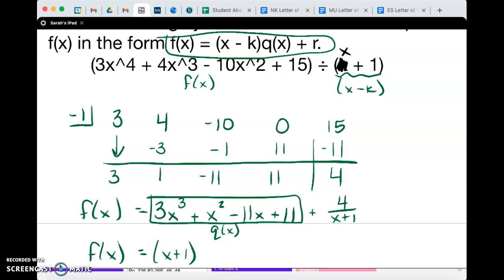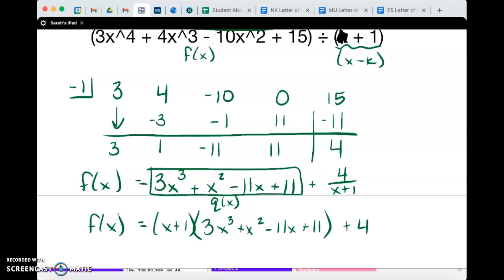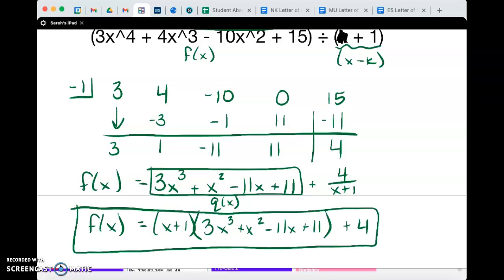This is q of x. So I'm just going to rewrite it, q multiplied by x plus 1. And then I'm adding just the number for my remainder, so not even the fraction, just the 4. So this is how they want you to express the answer with the words that they used.